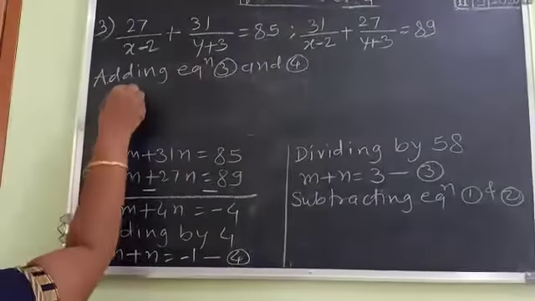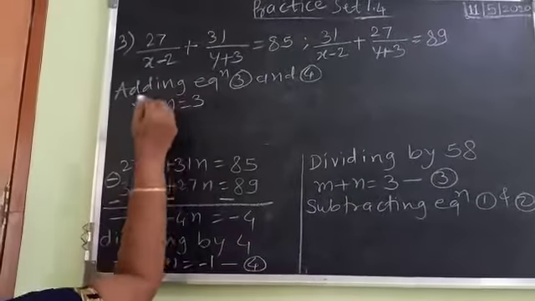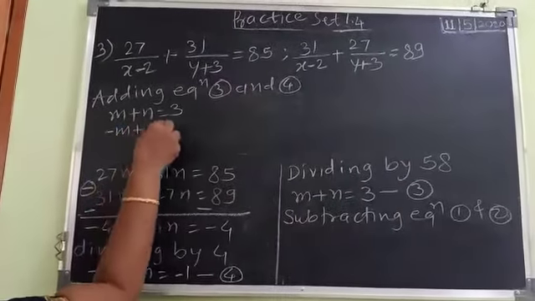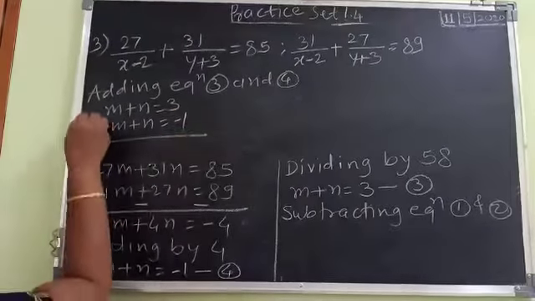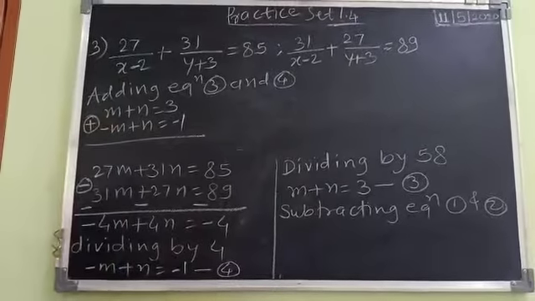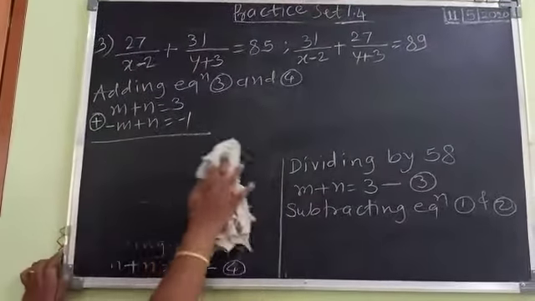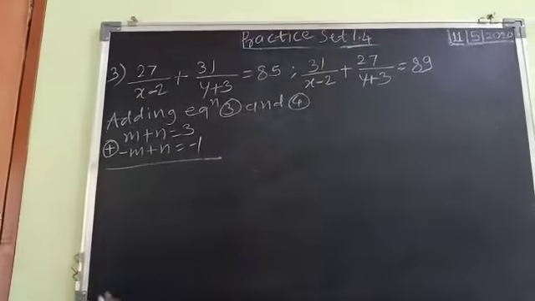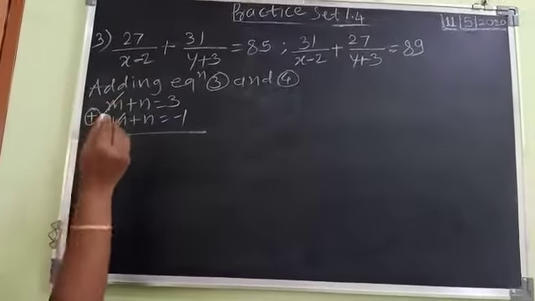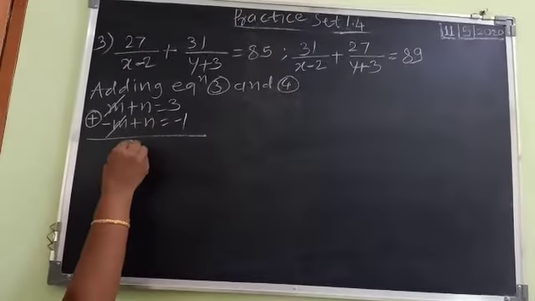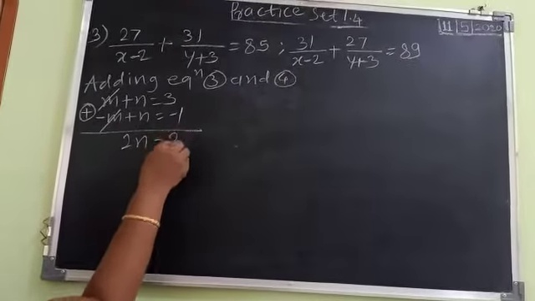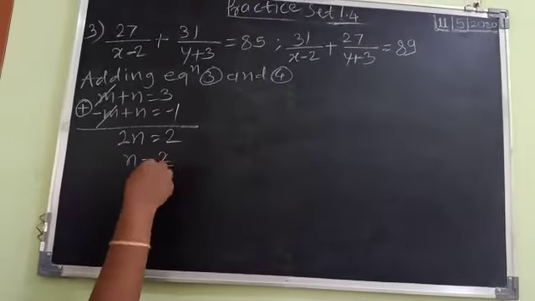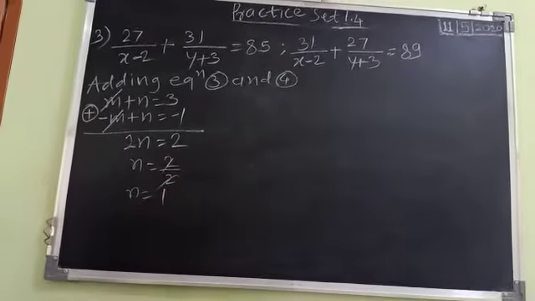Equation 3 is m plus n is equal to 3 and equation 4 is minus m plus n is equal to minus 1. Here we are adding the two equations. So minus m plus m will be 0. n plus n is 2n. 3 minus 1 is 2. n is equal to 2 divided by 2. n is equal to 1.